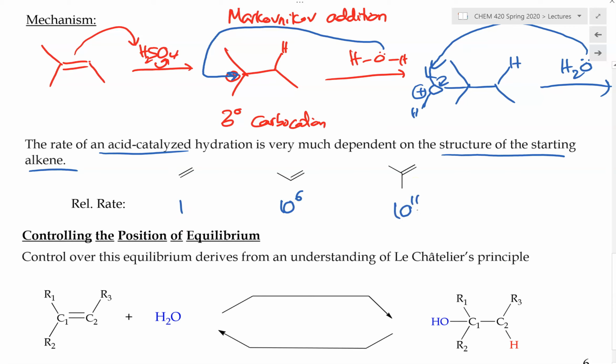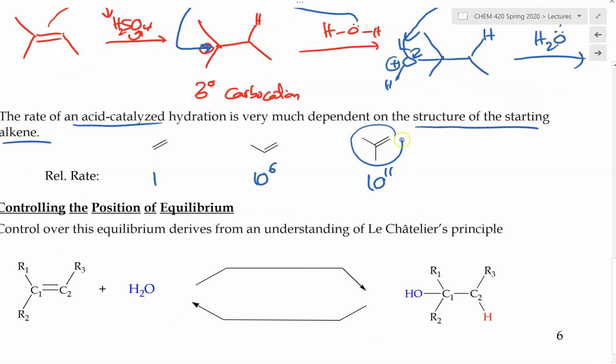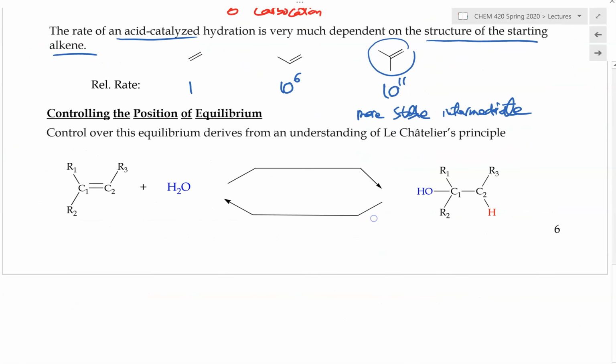The reason is that this alkene right here is more substituted, and because it's more substituted, it goes through a more stable intermediate, and therefore it has a faster reaction rate. Hydration is a very effective method to convert an alkene into an alcohol.